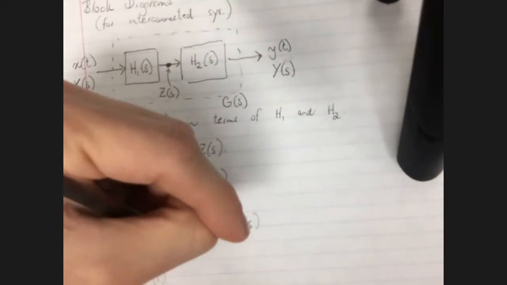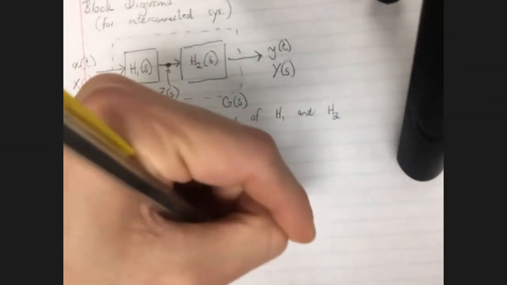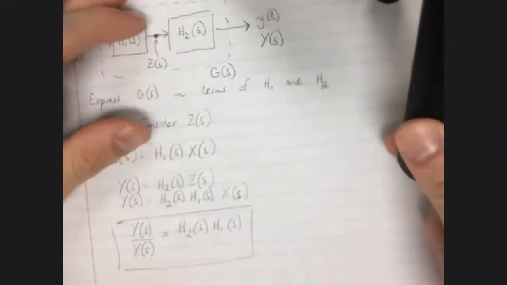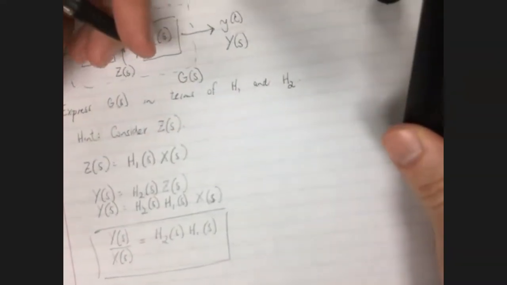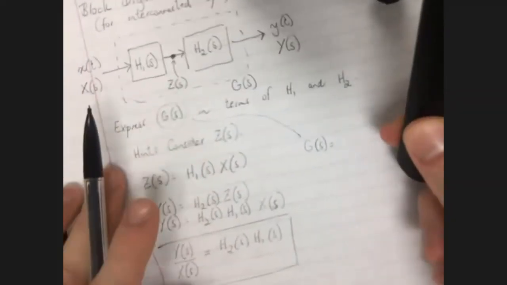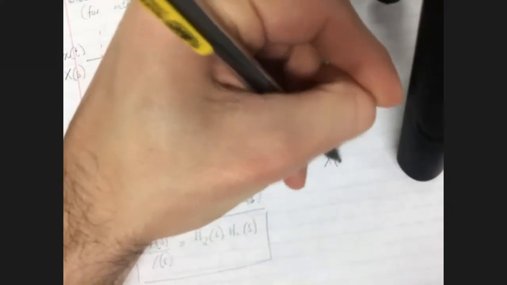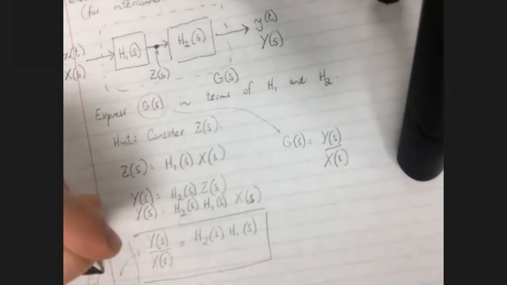It's just going to be H2 times H1. Ultimately that's what we want here, G of s. G of s is nothing other than the ratio of the output over the input. So G of s is Y over X. This Y over X right here, that's my G of s.